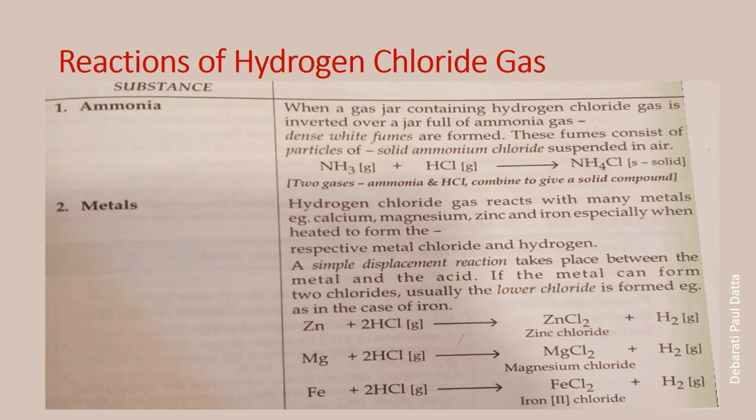The metal reacts with hydrogen chloride gas and produces the respective metallic chloride, and hydrogen gas is released. See the equation here, like zinc plus HCl gives ZnCl2 and H2, which is released as a gas. Same with magnesium and iron also.